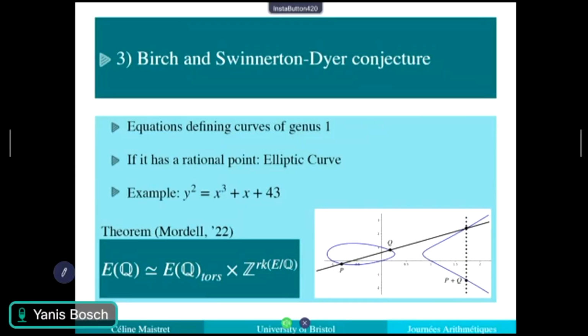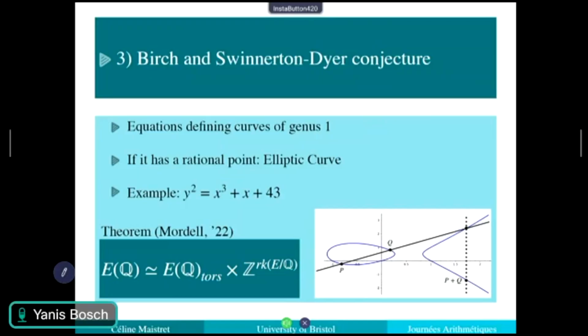So in particular, the problem of solving elliptic curves now breaks down into two problems. The first one is to understand the torsion points, points which when you add them to themselves eventually go back to the identity point. And then the free part of your abelian group, which is given by the rank of the elliptic curve, so namely the number of generators you need to completely produce your rational points.